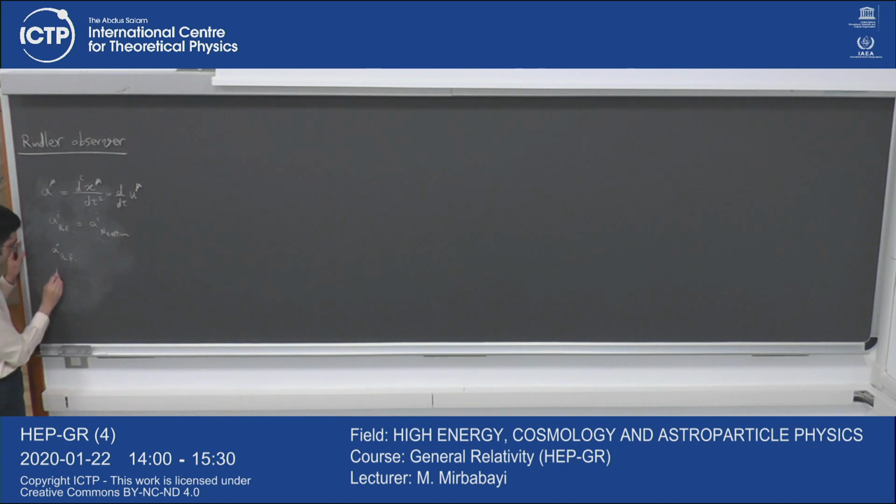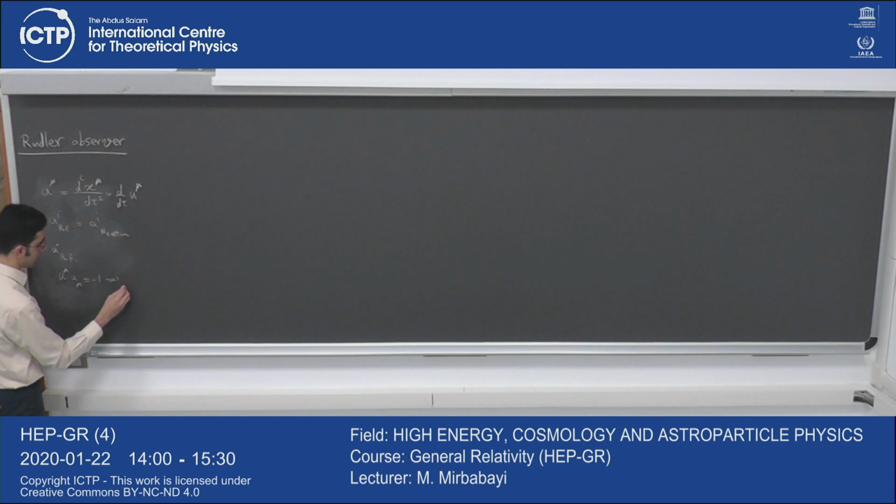Let me just briefly show how we can get this. We know that the four-velocity u mu has a unit norm, or norm equals -1, basically by definition.